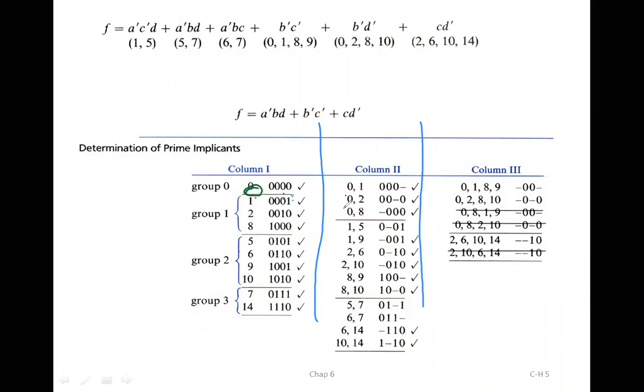Again, then you have to compare 0, 2 with all these things. 0, 8 with all these things. Then 1, 5 with all these things. 1, 9 with all these things. The process is a bit tedious. You should do it very carefully. Then 2, 6 with all these things. 2, 10 with all these things.